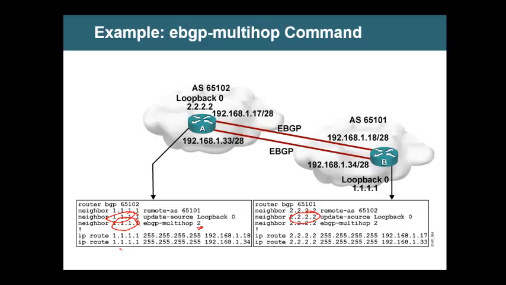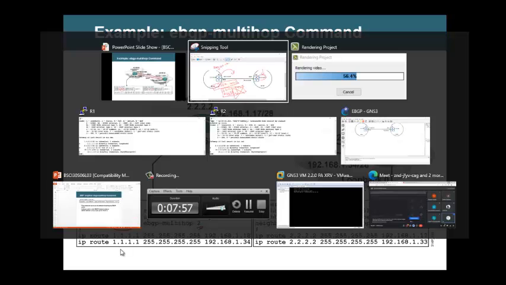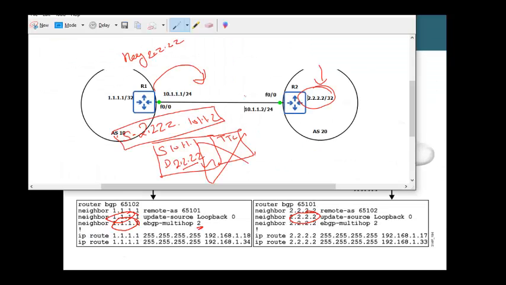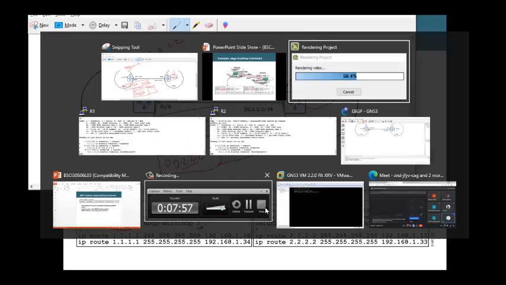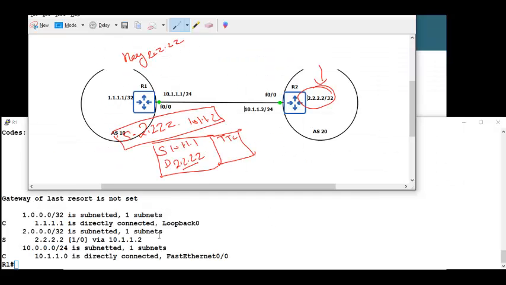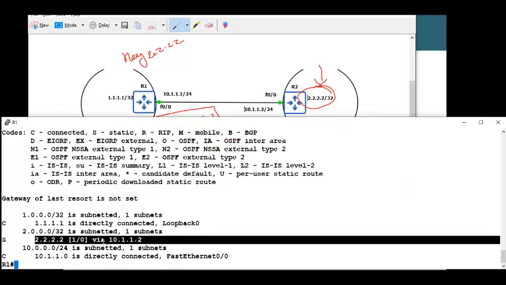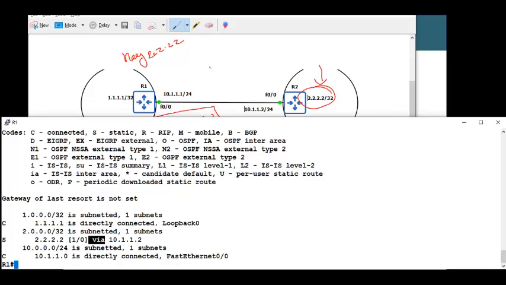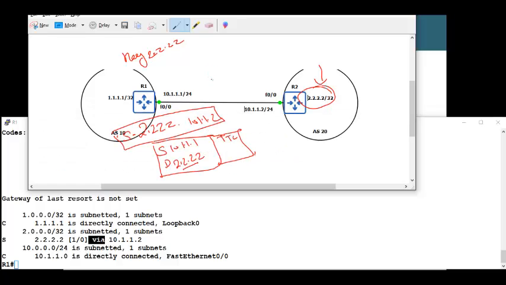So when we put 2, we break the rule. We are telling BGP it's okay even if it is not directly connected, even though it is saying via, it's okay. You can send the BGP packet. So now it puts 2 and it will send the BGP packet here.